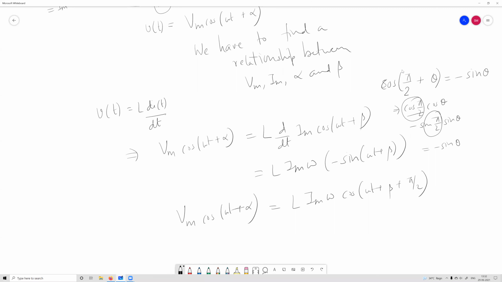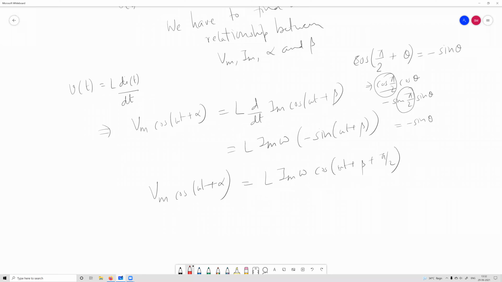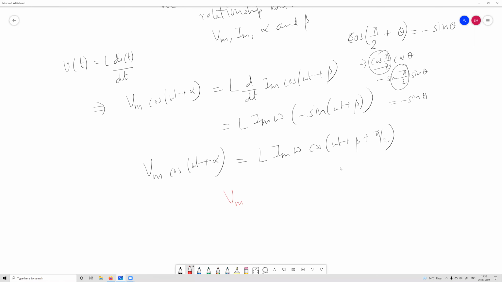Is it okay? Yes, sir. So by comparison, we can write this. These two are the same only if this and this are the same, and this and this are the same. Only then can we say they are equal.